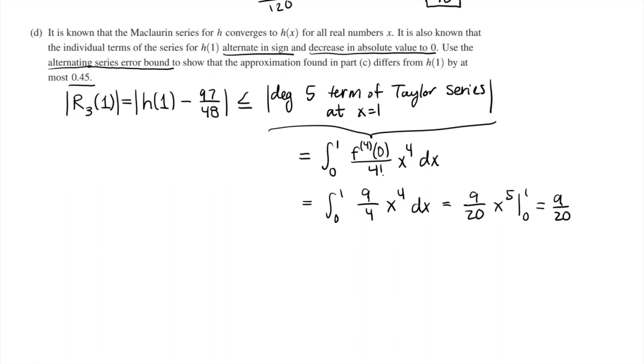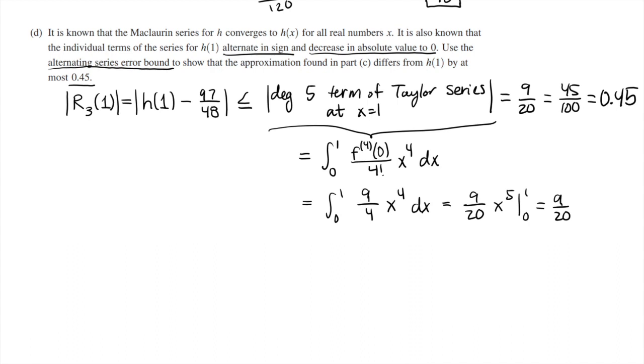So in other words, this error is at most 9/20, and 9/20 is the same thing as, if we make that over 100, we multiply by 5, which is 45. This is 0.45, which is the bound we wanted.